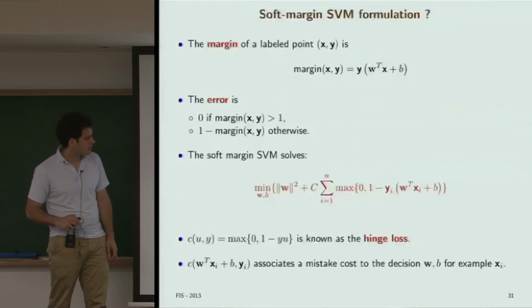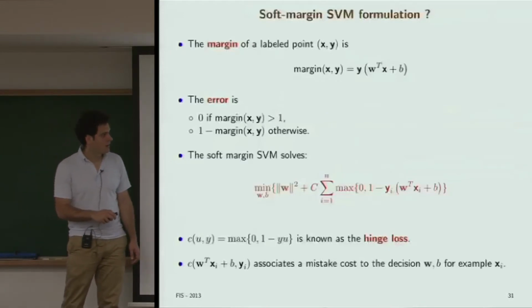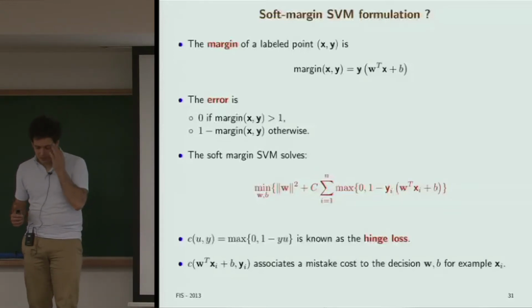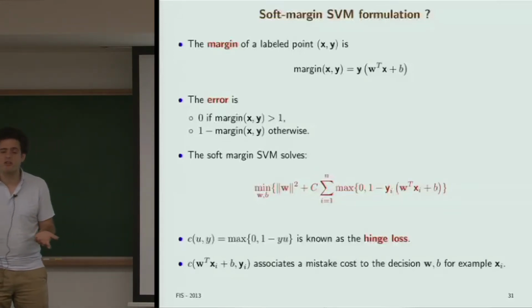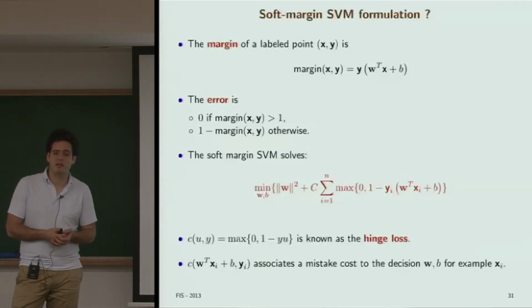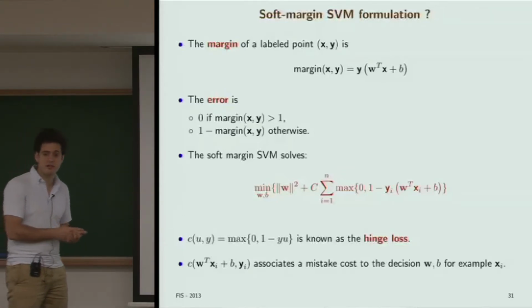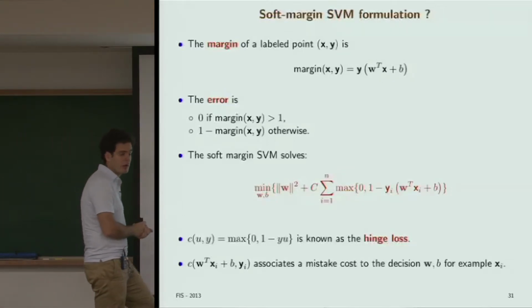So for any point, ideally we would like this margin here to be large. And we call this a margin because it's also a margin of error somehow. If the margin is very large, then we are pretty confident that the prediction is correct and the hyperplane works well.